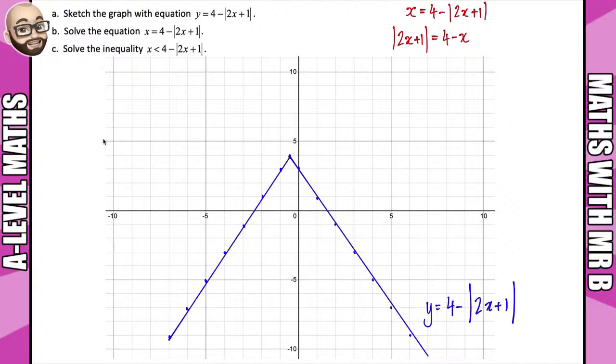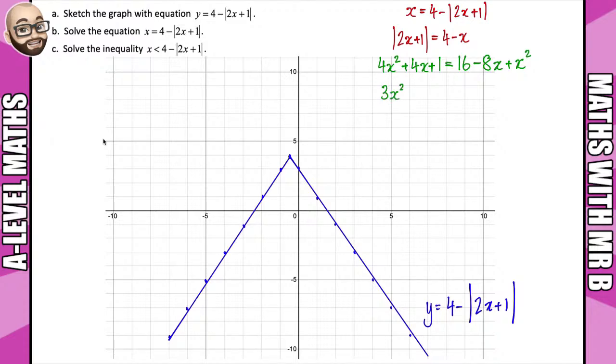And I think maybe the best thing to do for this question would be to square both sides. So if I square the left hand side, I'm going to get 4x squared plus 4x plus 1. And if I square the right hand side, I'm going to get 16 minus 8x plus x squared. Now let's move everything across to one side.